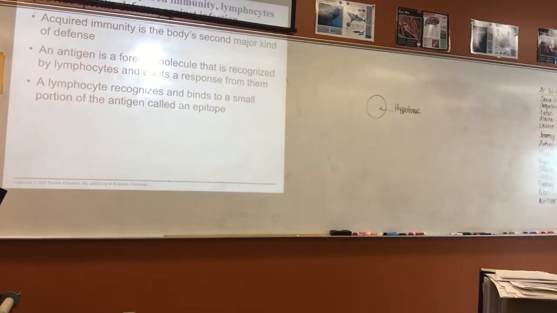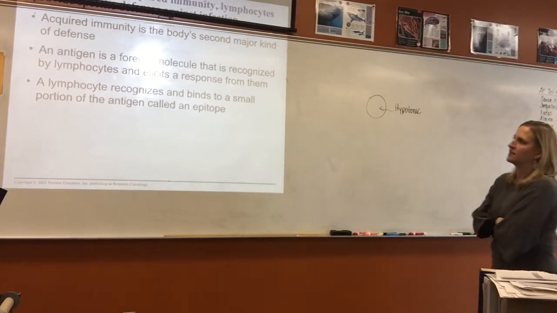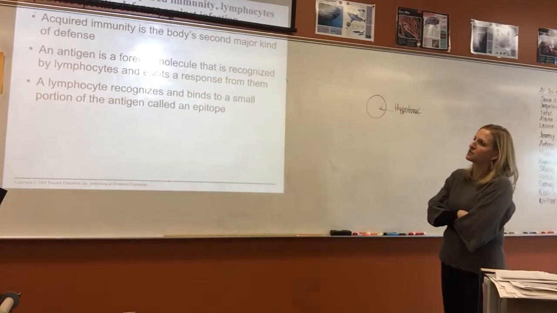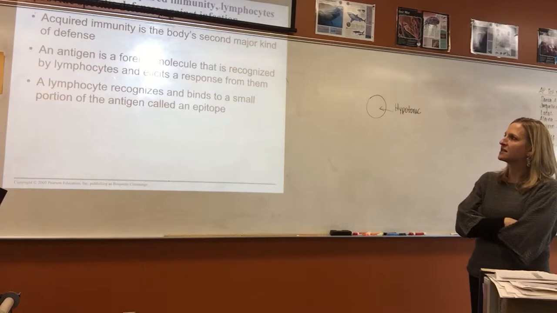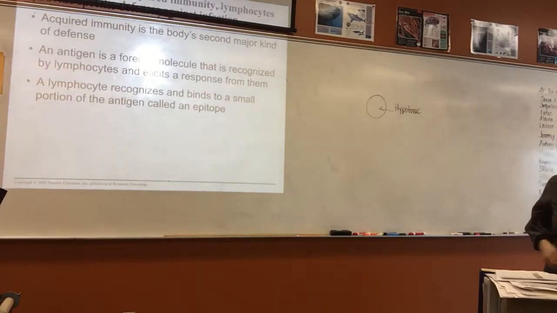So the rest of the chapter really is looking at acquired immunity, which is, just as the name sounds, immunity that you acquire in your lifetime. Acquired immunity is the body's second major kind of defense. So, new word here, an antigen is a foreign molecule that is recognized by lymphocytes and elicits a response from them.